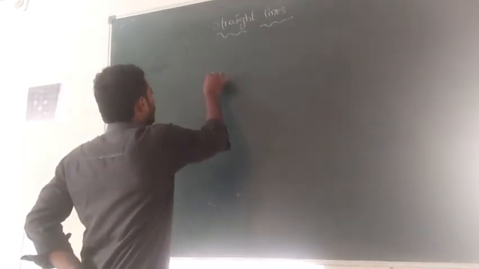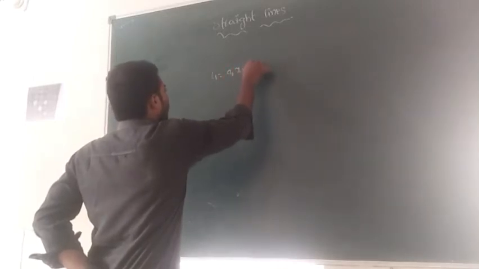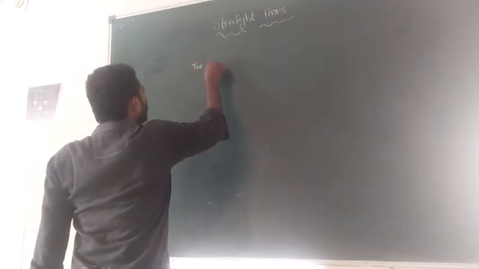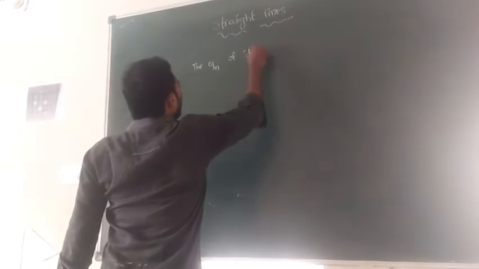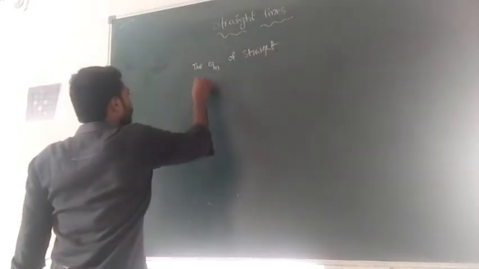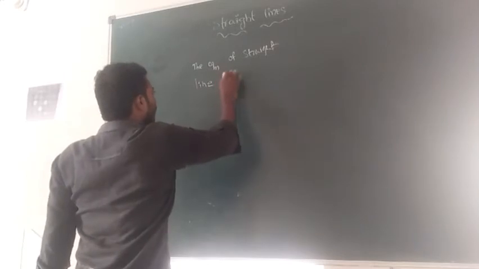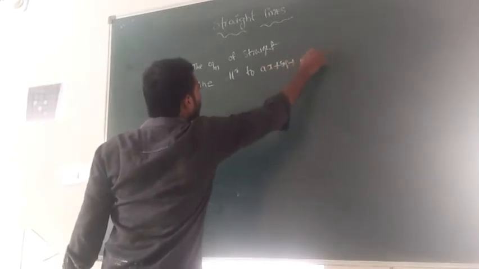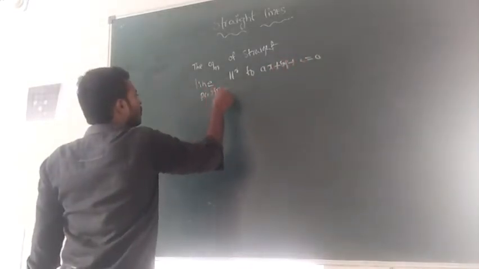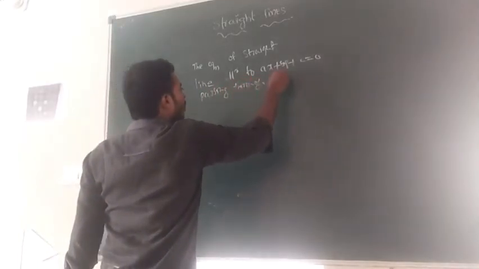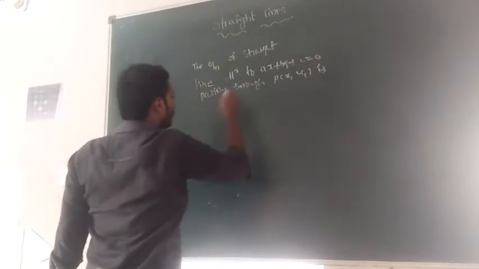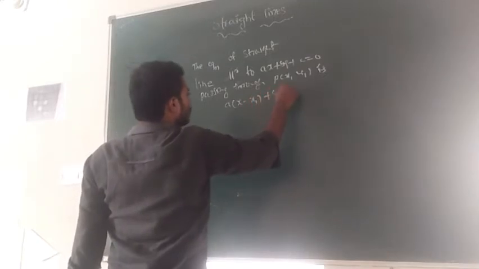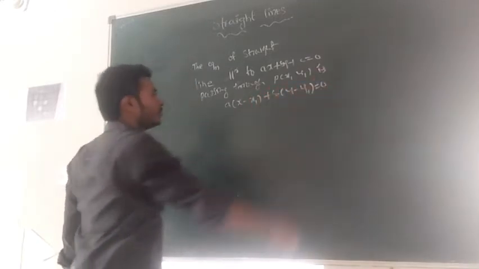Parallel lines means, suppose L1 equals a1x, either directly the equation of a straight line parallel to ax plus by plus c equals 0 and passing through P of x1, y1 is a into x minus x1 plus b into y minus y1 equals 0.